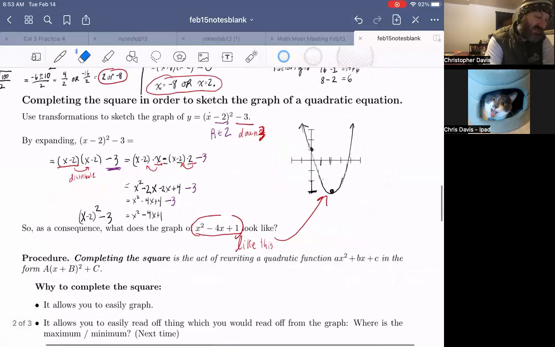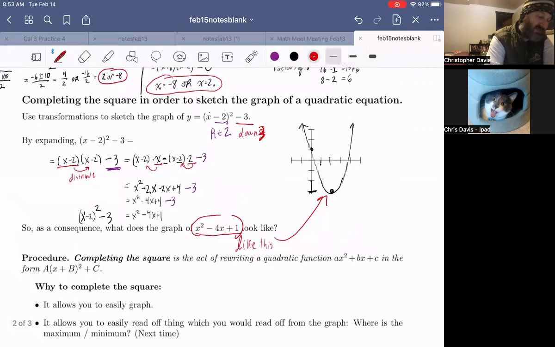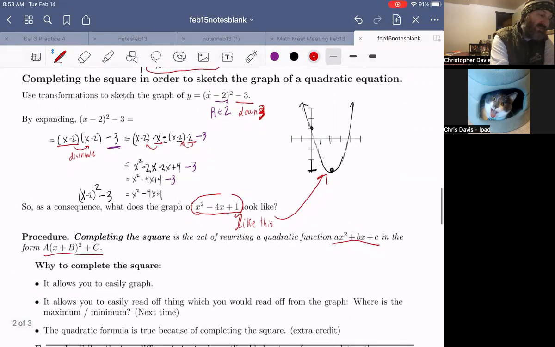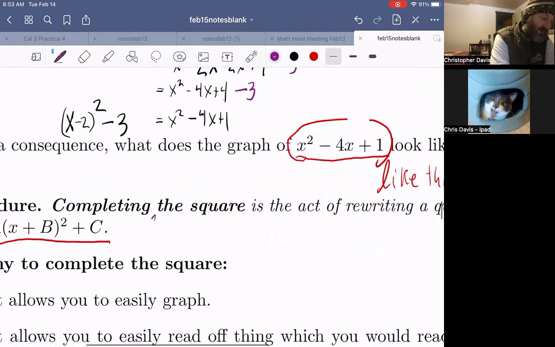Completing the square is the act of taking an arbitrary quadratic function, ax squared plus bx plus c, and putting it in the form capital A times (x plus capital B) squared plus capital C. And maybe I'll make a little comment here.